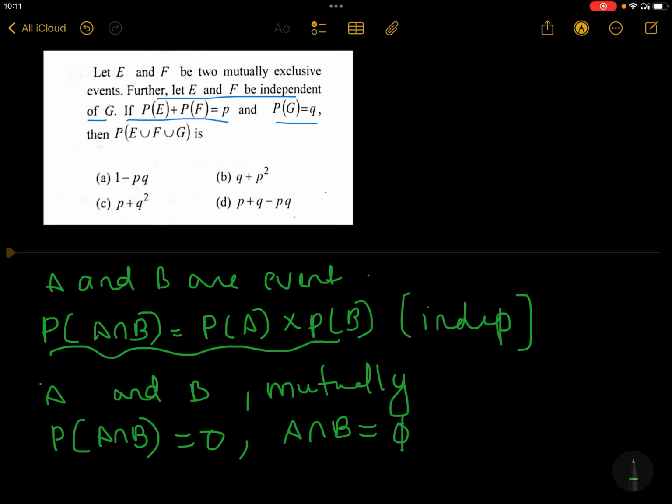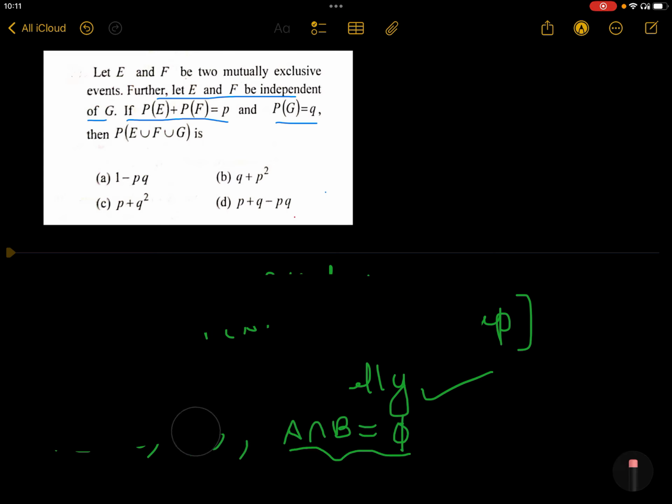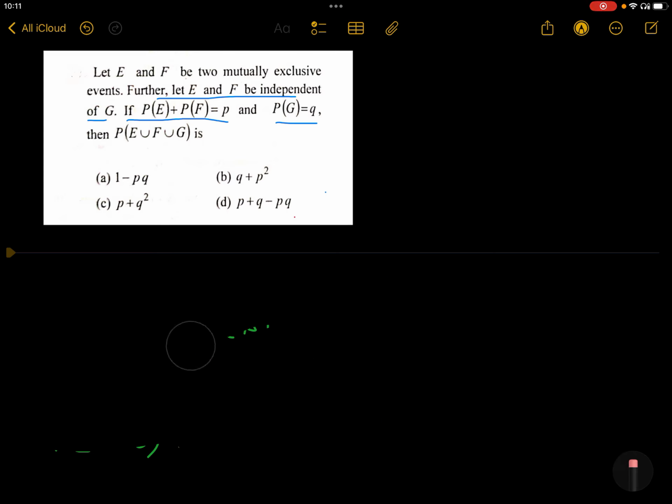The condition is P of A intersection B is equal to 0, or A intersection B is equal to the null set. Here, in the question, E and F are two mutually exclusive events.